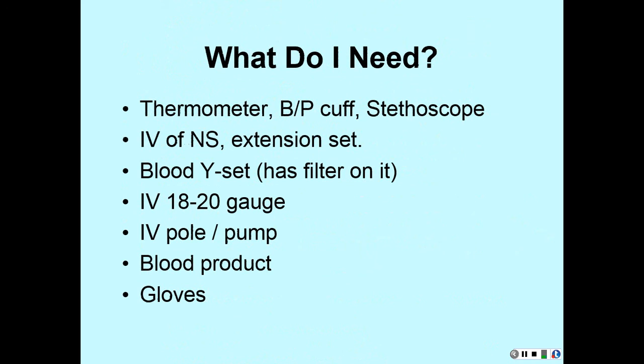So here's what we actually need in order to do the procedure. Of course, you've got to do your vital signs. You've got to have your IV, a good IV, preferably with an 18 gauge. We can use a 20 if we just have to, but preferably an 18.